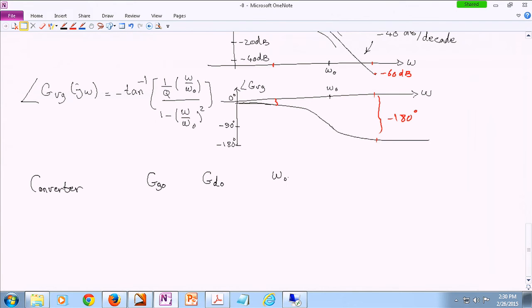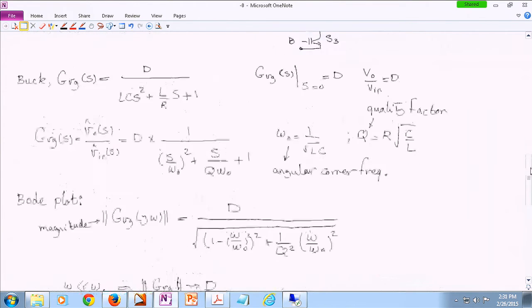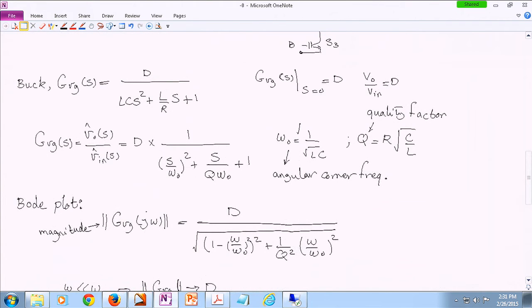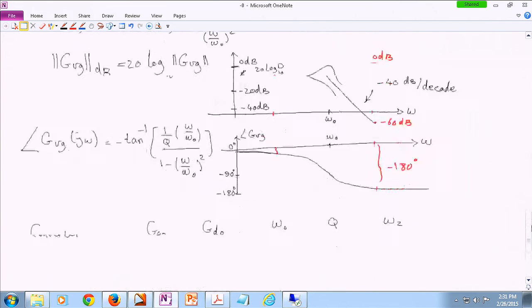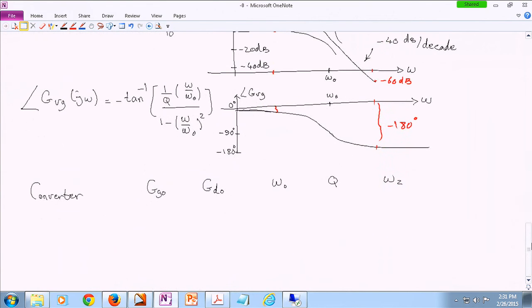Then they have omega naught, Q, and omega Z. And by the way, remember these are only valid for the buck converter. In other words, once you switch to another converter, your corner frequency is not 1 over the square root of LC. And we're going to see that actually.